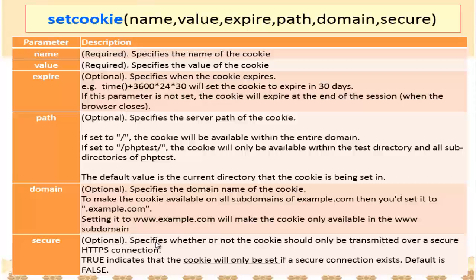The next one is the domain where you want the cookies to be sent. For example, in the last class I told you, if you have a subdomain like mba.mit.edu, you can say it can go to a particular subdomain, or for example news.timesindia.com. If you want the cookies to go only to that subdomain, or advertisement.timesindia.com, then it will go only to that subdomain, or maybe some other domain.